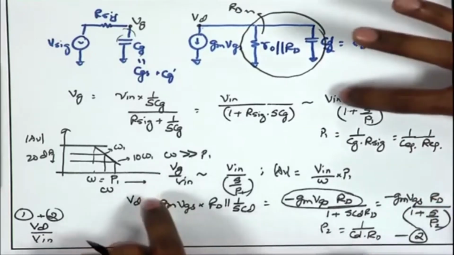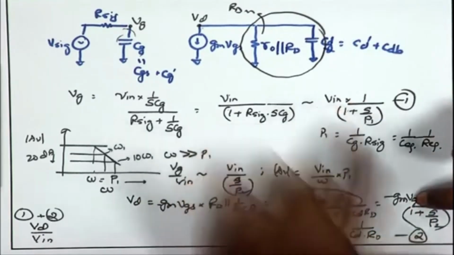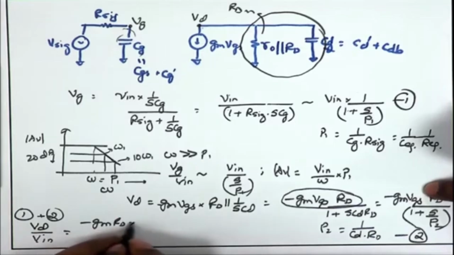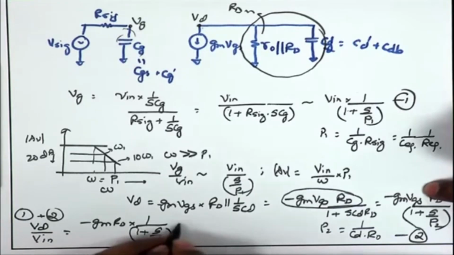Combining this, I can eliminate Vg by putting Vg as a function of V in, and therefore I get minus Gm Rd into 1 upon 1 plus S upon P1 times 1 upon 1 plus S upon P2.